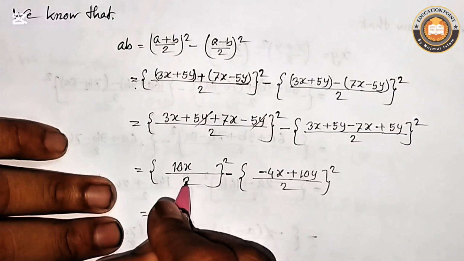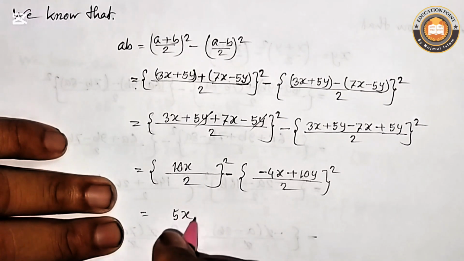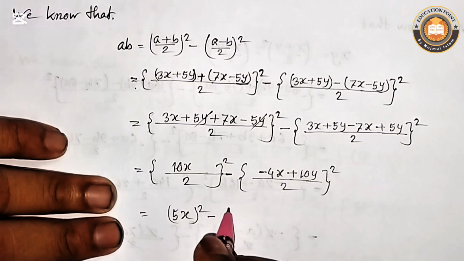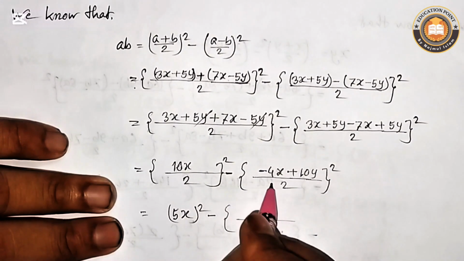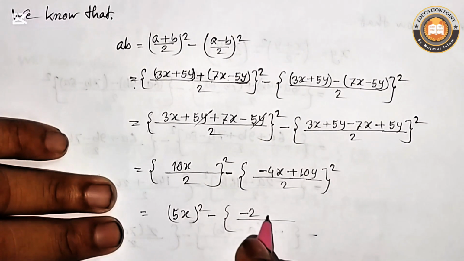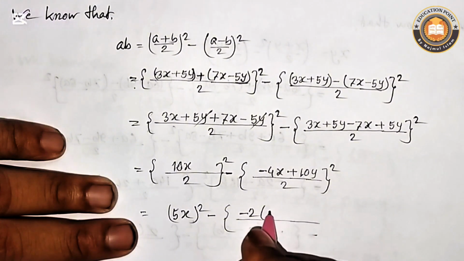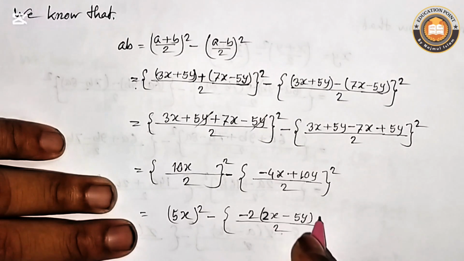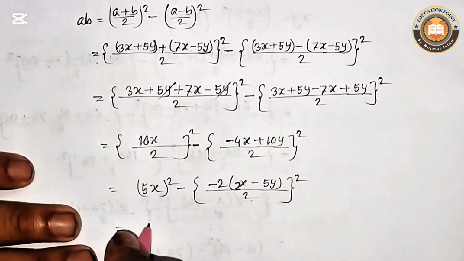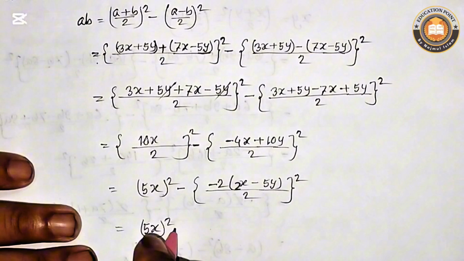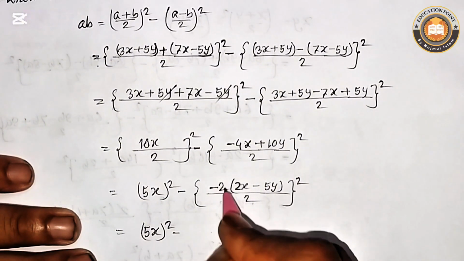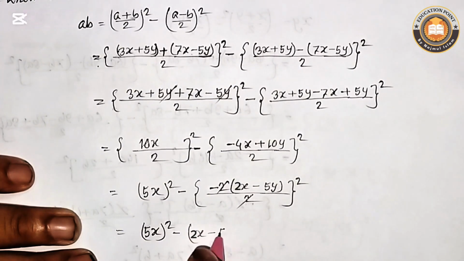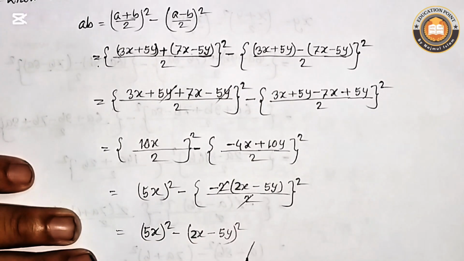Here 10 divided by 2 equal 5, that means (5x) whole square minus, in this expression minus 2 as a common value, after taking common value we can write minus 5y by 2 whole square, equal 5x whole square minus, square value of minus is plus, 2 and 2 are reduced, so we can write (minus 5y) whole square.